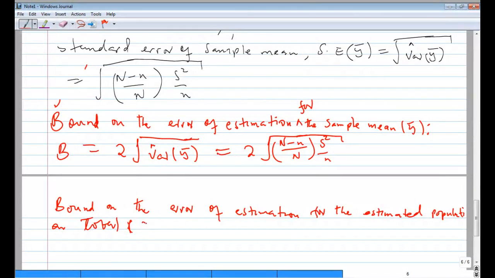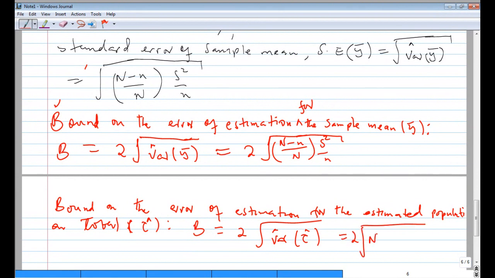So here you're estimating tau. The bound is given by 2 times the square root of the estimated var of the tau estimate, which is equal to 2 times the square root of N(N minus n)s squared over n. So that is the bound on the error of estimation for the estimated population total.